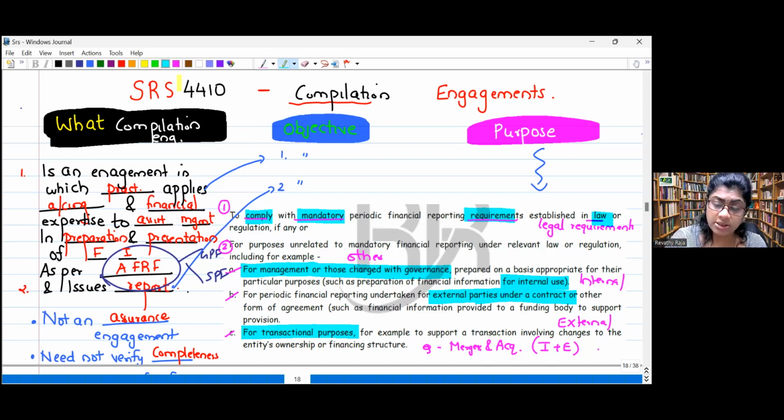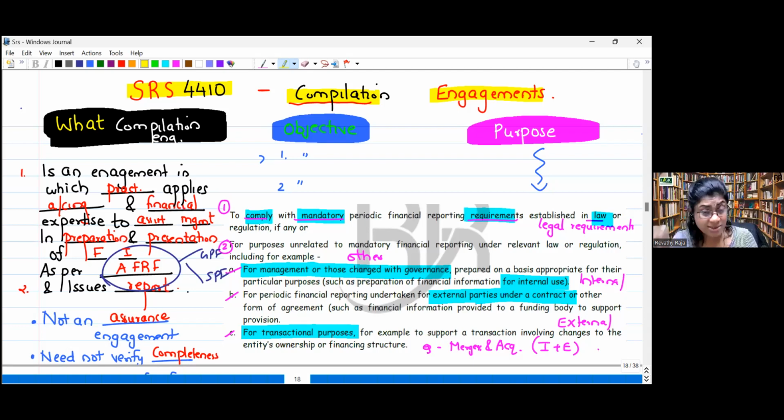So, start. 4,410 compilation engagement. Now, what is compilation engagement? The word itself says compile. Compile means prepare. What? Financial information. Now, it is an engagement in which your name is practitioner.